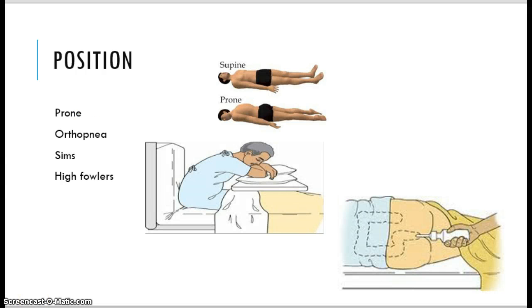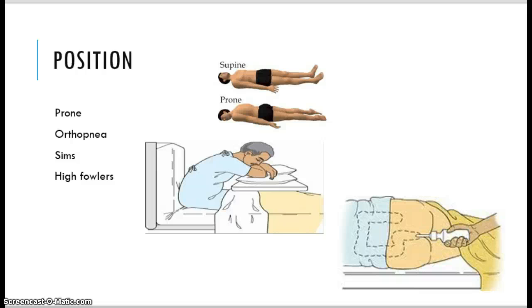Another position for this medical terminology in the elimination unit is looking at how we would position a patient to either put the Foley catheter in, or to give them an enema. We need them in certain positions. Prone is where a person is laying on their stomach. Orthopnea is the gentleman sitting up, leaning over the pillows.